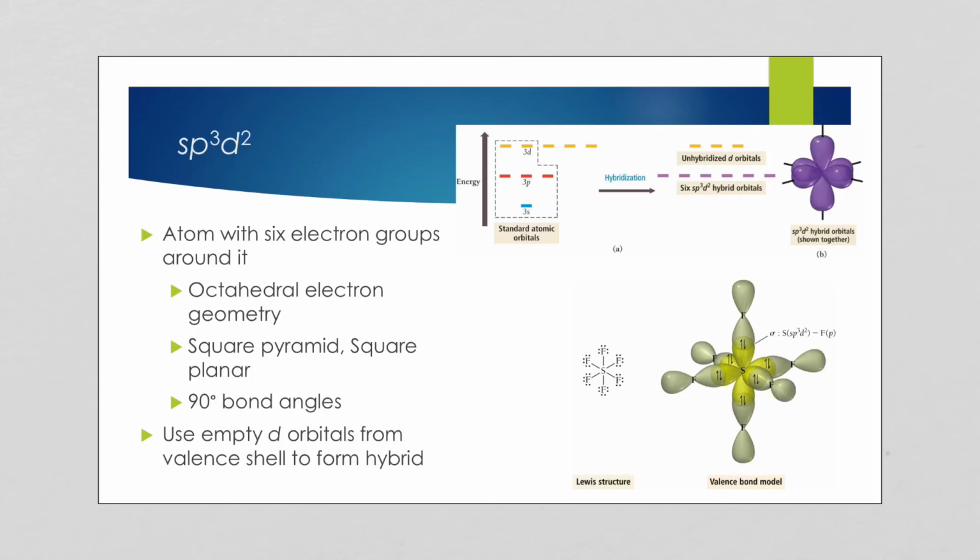Now, this scheme can also be used to explain the bonding in square pyramidal and square planar. So sp3d2 is linked with 6 electron groups. Now, of course, you see the 90-degree bond angles, right? So we're seeing the matching of the observed bond angles and the electron arrangement of the hybrid orbitals here.